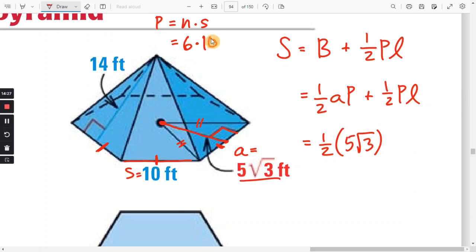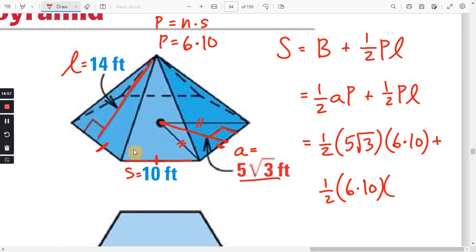All right, so for perimeter, I'm going to write 6 times 10 in place of P. And now, I'm going to have to do that again. 1/2 perimeter is going to be 6 times 10. And the slant height L they actually gave us. We don't have to do Pythagorean theorem this time. It's this distance right here. So that's your slant height L. So in place of L, I'm going to put a 14.